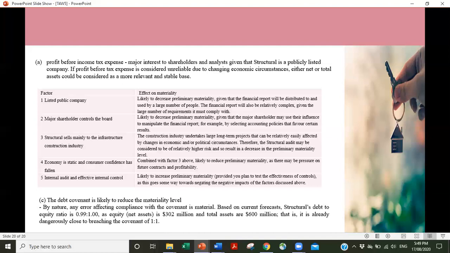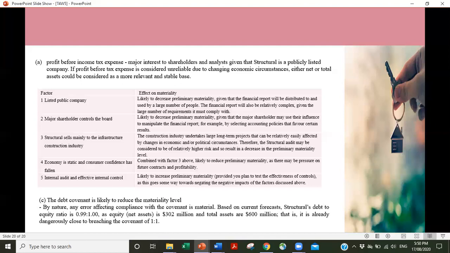Okay, so that's on page 159 when you're talking about performance materiality, specific materiality, accounting materiality, and overall materiality. But remember that little diagram about the inverse and the audit risk of materiality.